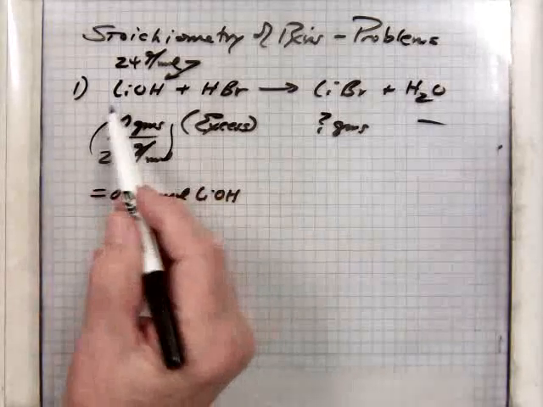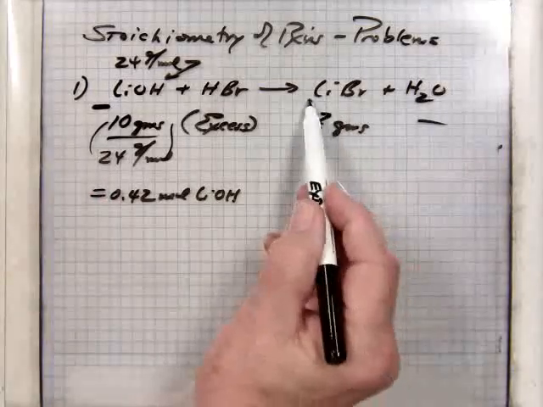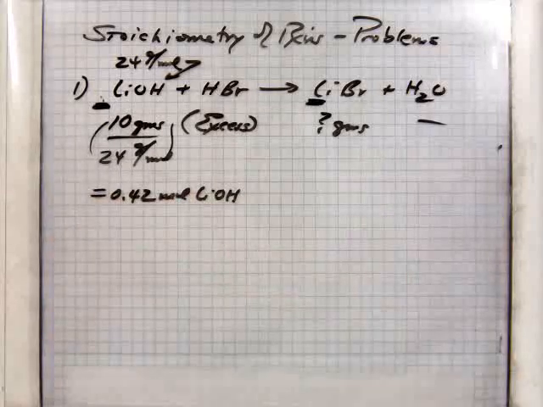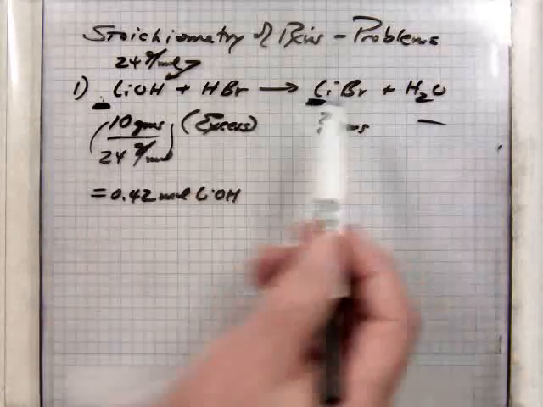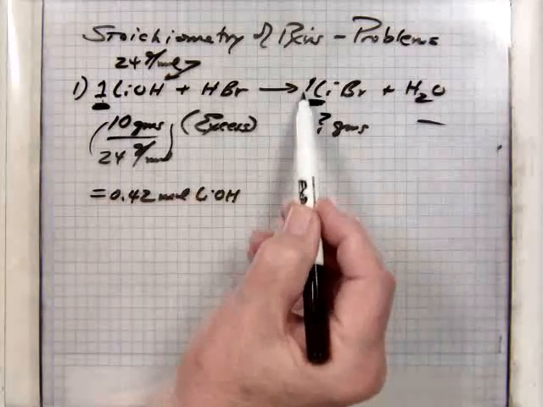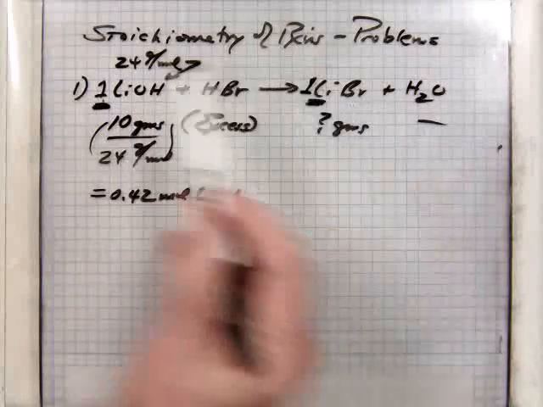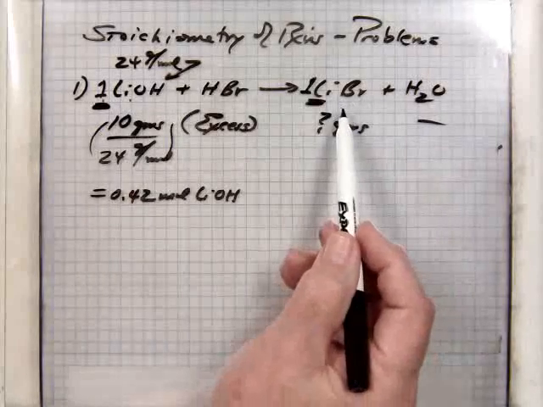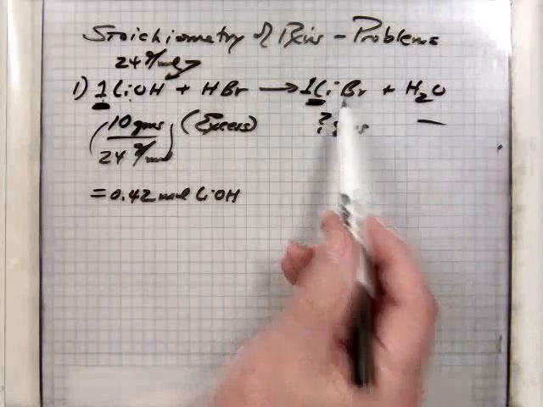Well, when you look at the equation and compare the coefficients of the standard equation between lithium hydroxide and lithium bromide, what do you see? It's a 1-to-1 reaction ratio. So the moles of lithium hydroxide equal the moles of lithium bromide produced.